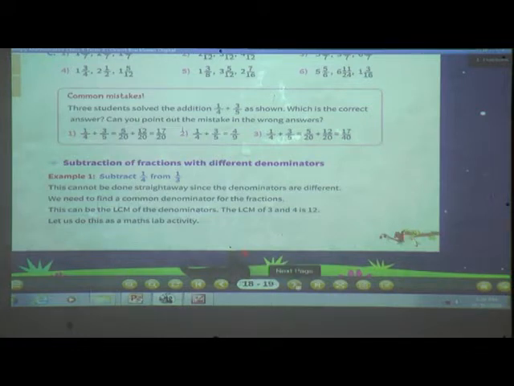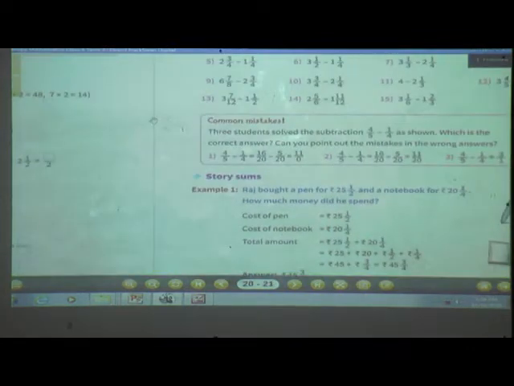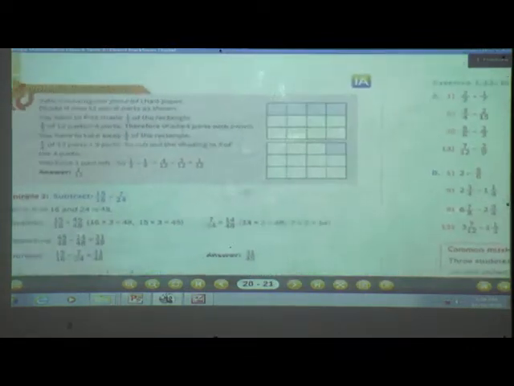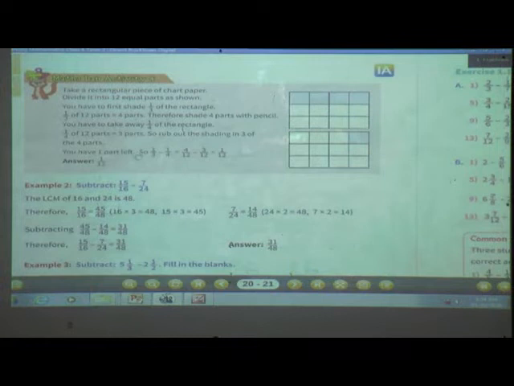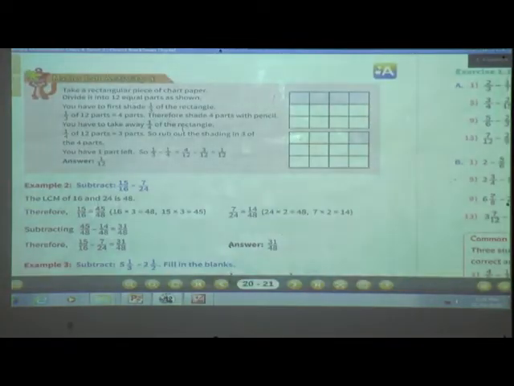Okay, now I'll do this activity for you. See, first we will read this. Take a rectangular piece of chart paper, then divide it into 12 equal parts as shown.